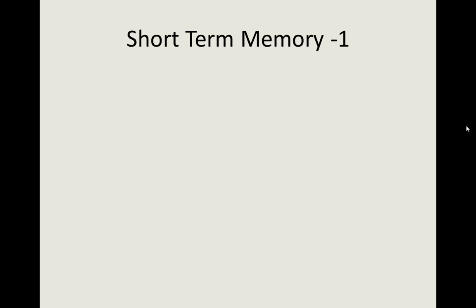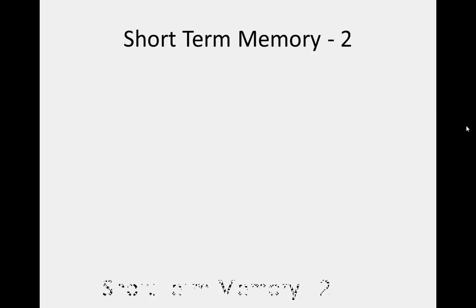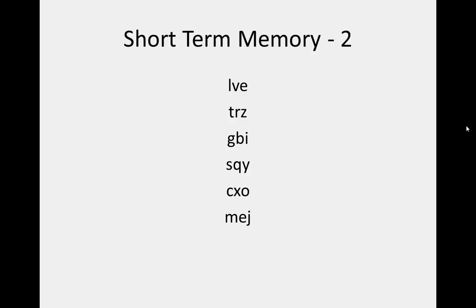Now we're going to one more slide. It was a longer series of words this time. They'll stay on the screen for 7 seconds, and as soon as they go away, see how many of these you can write down as an example of your short-term memory. Now try and write those down.